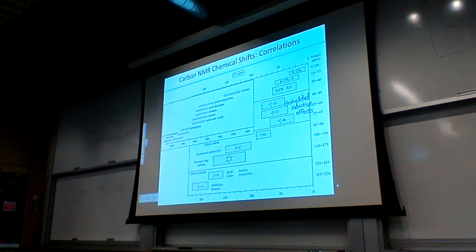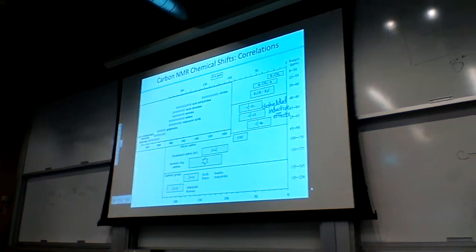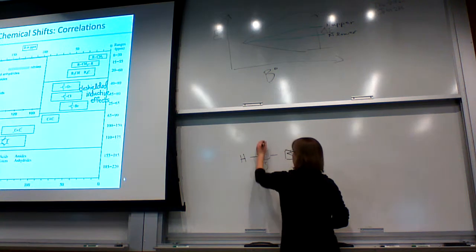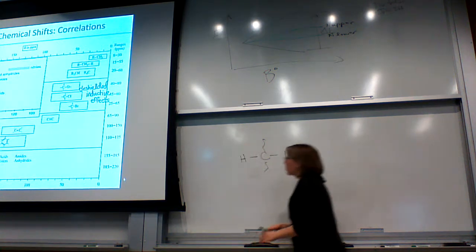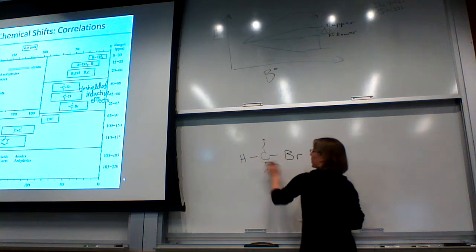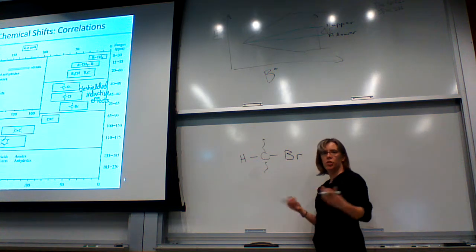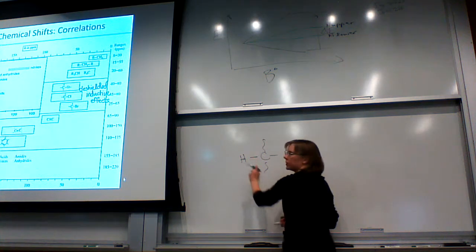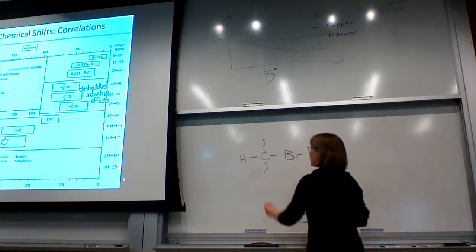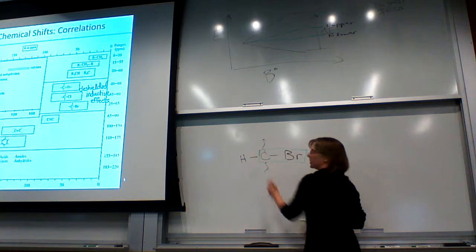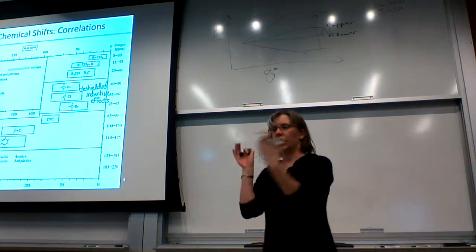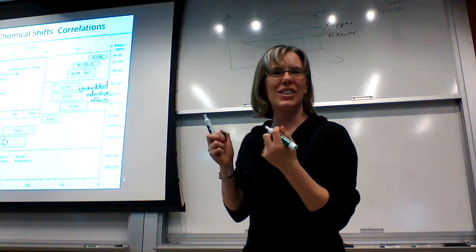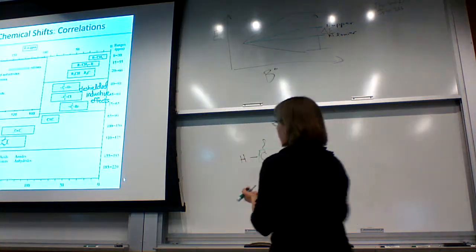So if we have a structure like this, of course we would have other things attached. When we're looking at how the bromine affects the hydrogen, it's 2 bonds away, because you've got the bond to the carbon and then the bond from the carbon to the hydrogen. With carbon NMR, we're looking at a 1 bond difference, and so it's directly attached, so you're going to have a greater electron density withdrawal than you would for the hydrogen.